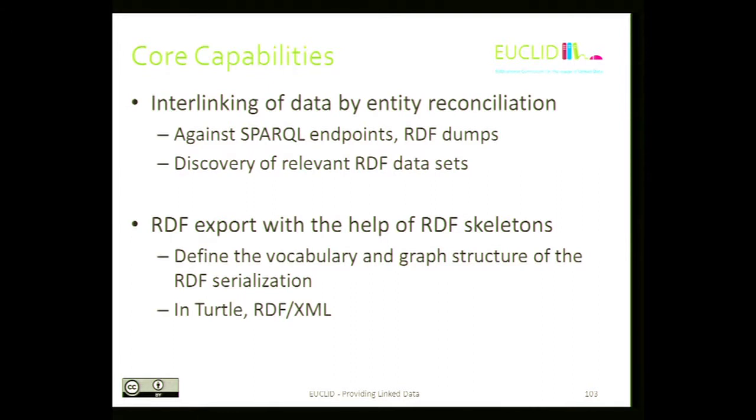It will also do what's called reconciliation, which is turning labels into URIs, either by the built-in reconciliation that the tool originally called Freebase Refine has, or by using other data sets over their SPARQL endpoints. So we can use the SPARQL endpoint for MusicBrainz, made available by the EUCLID project, to do the lookup. If you've got a resource labeled The Beatles, what is a candidate URI for that?